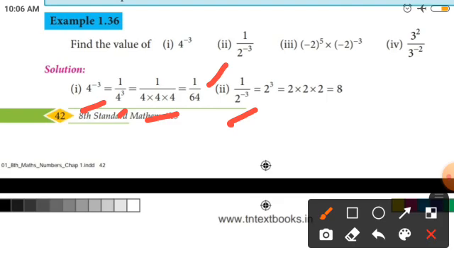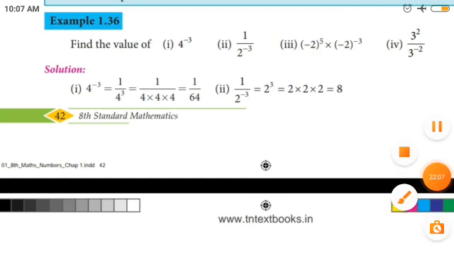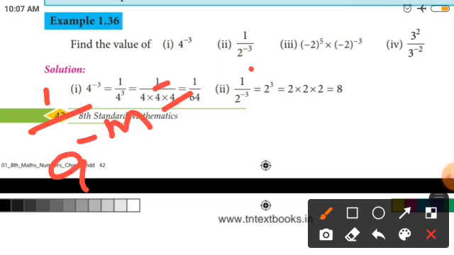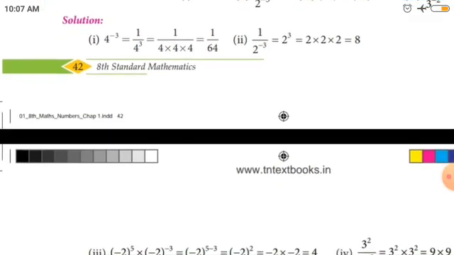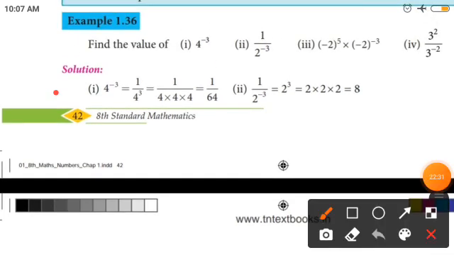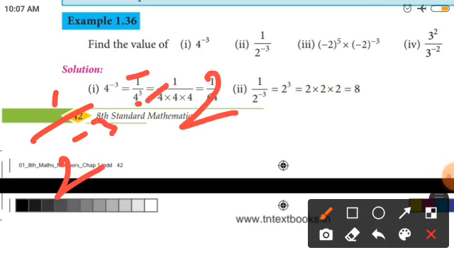Using the law that 1 by a to the power minus m is equal to a to the power plus m, 1 by 2 to the power minus 3 is equal to 2 to the power plus 3.